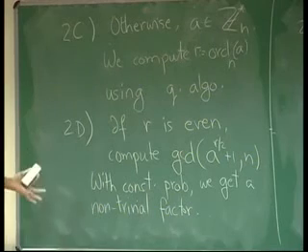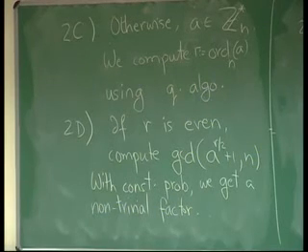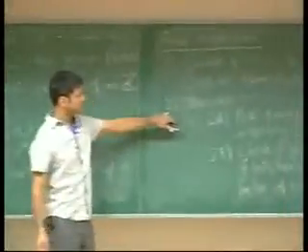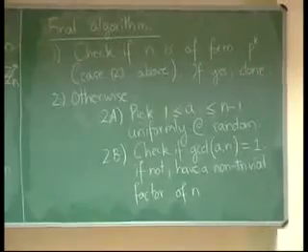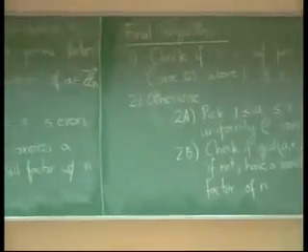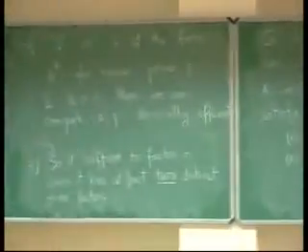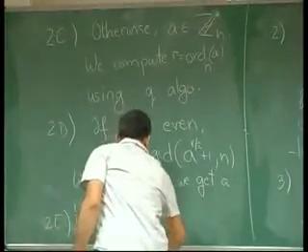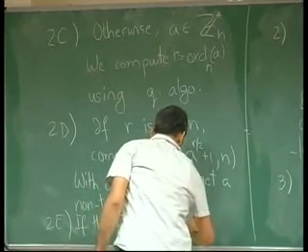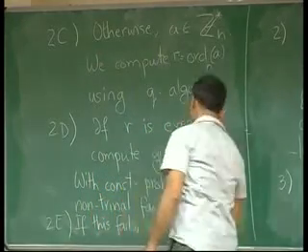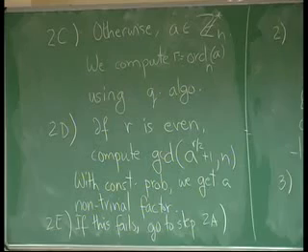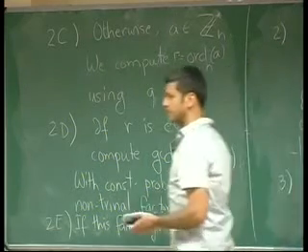Right? And if even this fails, which happens with a small constant probability, you go back all the way to step number 2 and repeat. You need only repeat this a constant number of times because your success probability is a constant. Right? So that's the algorithm in its entirety.